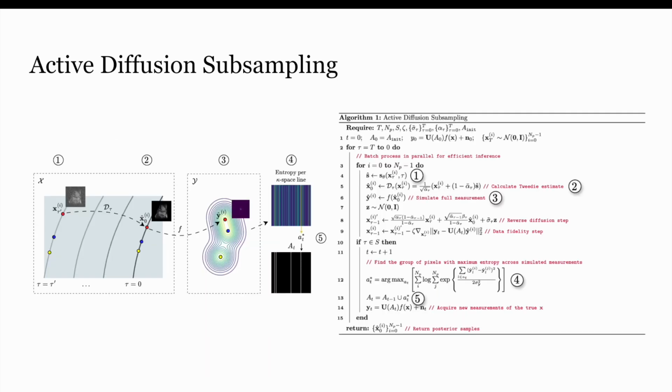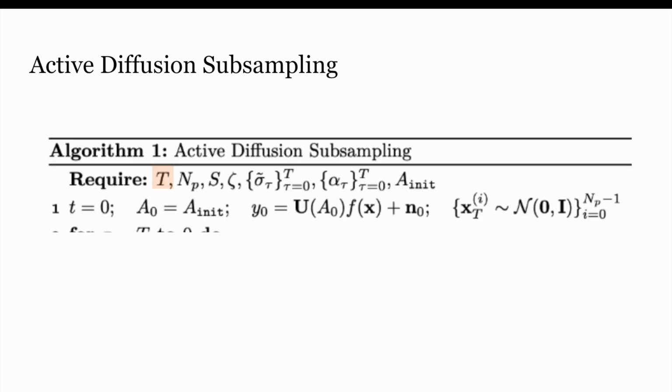So in what follows, I'll just go over the pseudocode here to make sure that's clear and tie it to this diagram that we use in the paper to illustrate the process of a single action selection, or measurement location selection. So first I'll just start with all these variables that we require at the start. So we've got big T, which is the total number of diffusion steps.